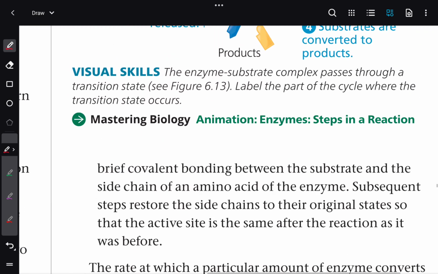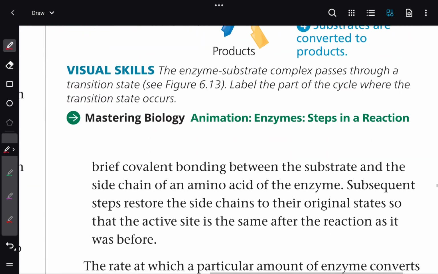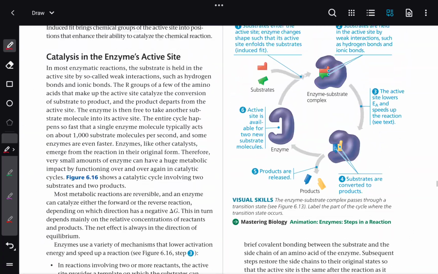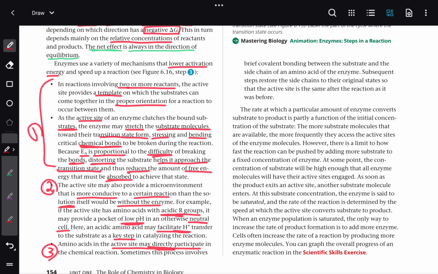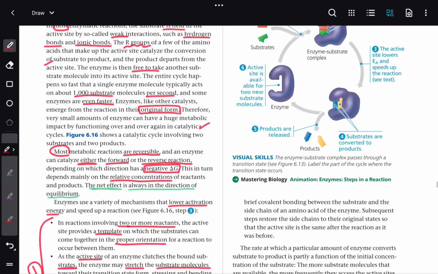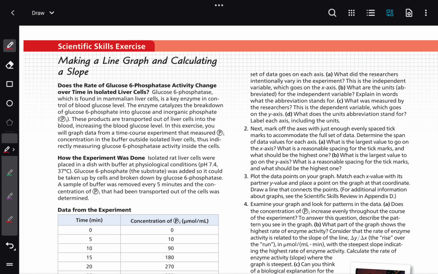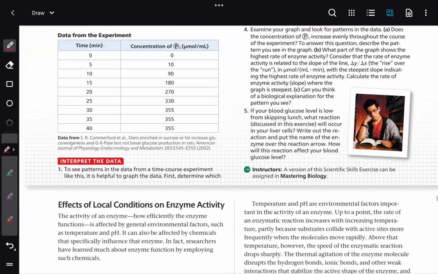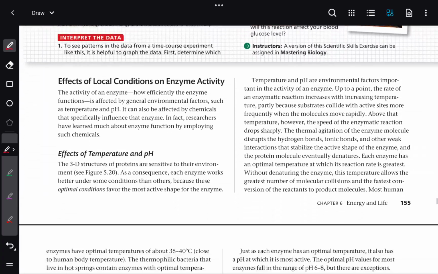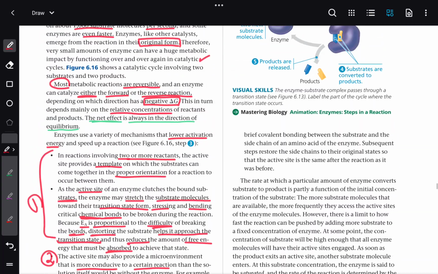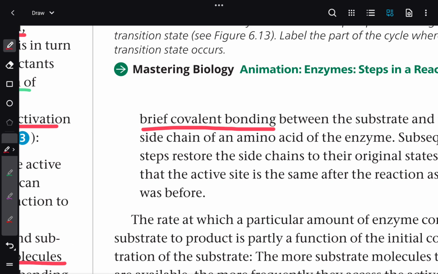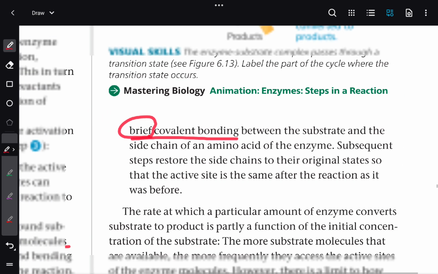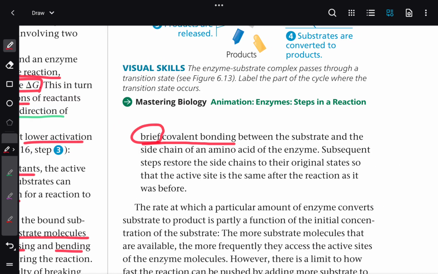This process involves brief bonding between the substrate and the side chain of an amino acid of the enzyme.